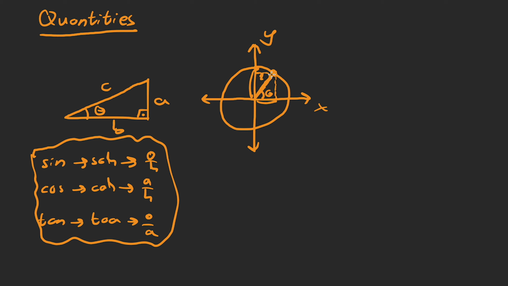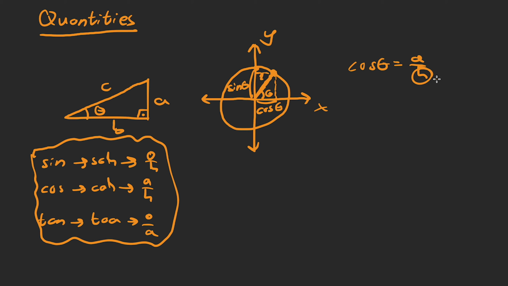And what this allows us to do is that we can define this length as cosine theta, and this length as sine theta. But why is that? Well, the reason is that this length is always 1, and our cosine theta is defined as adjacent over hypotenuse.